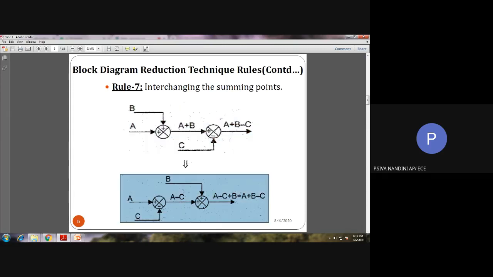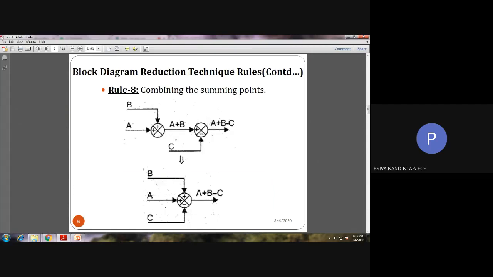Likewise, while interchanging the summing points, we have to interchange the inputs given to the summing points as well as the signs available in the interchanged summing points. If we do so, we will get the equivalent result. So this is rule number 7. Next, we shall see the next rule.